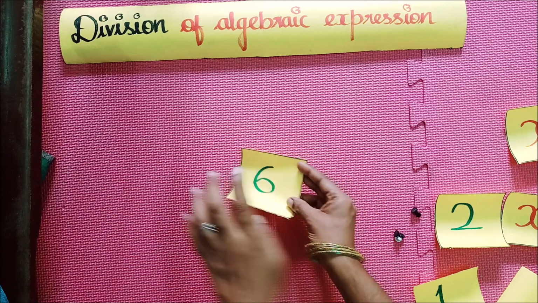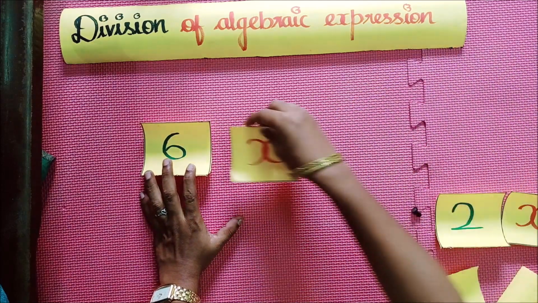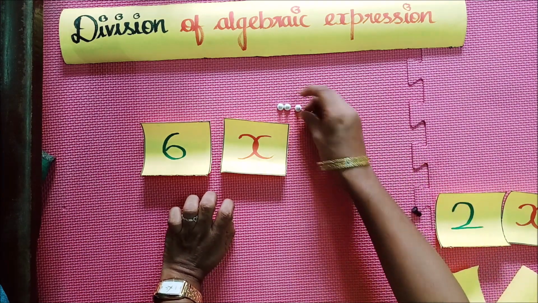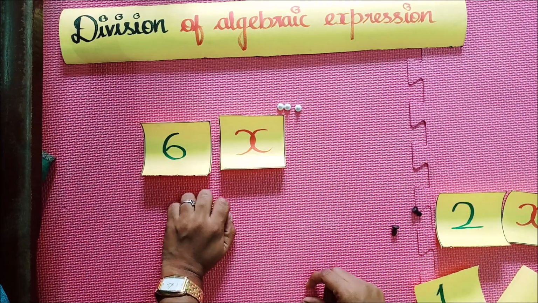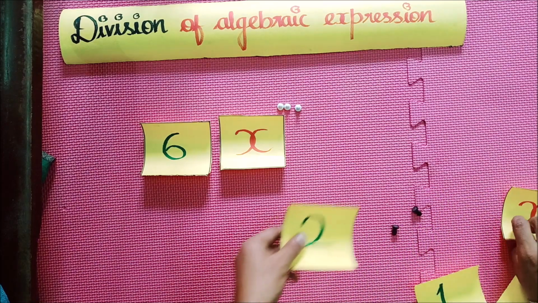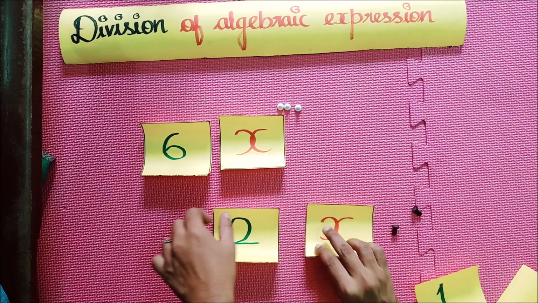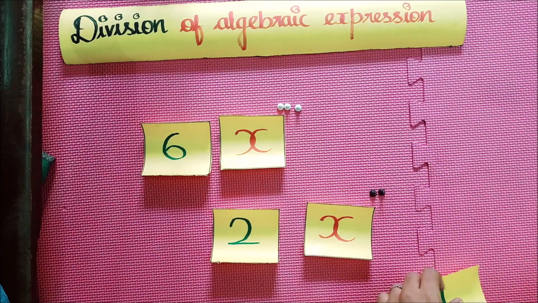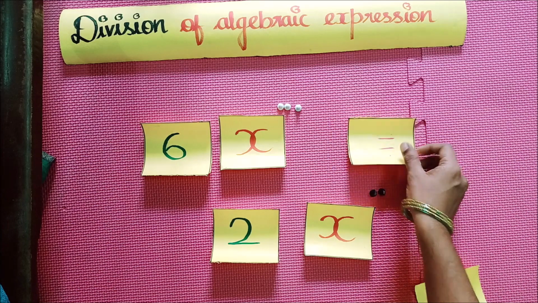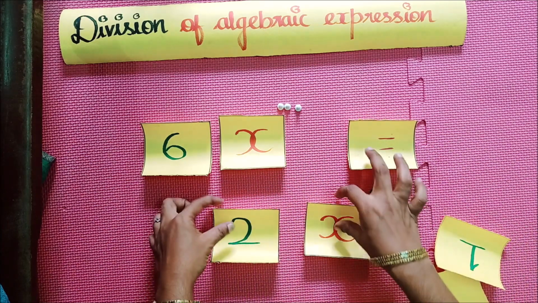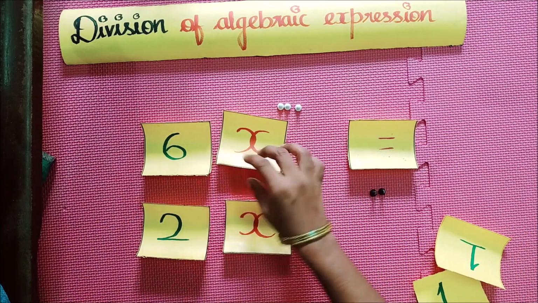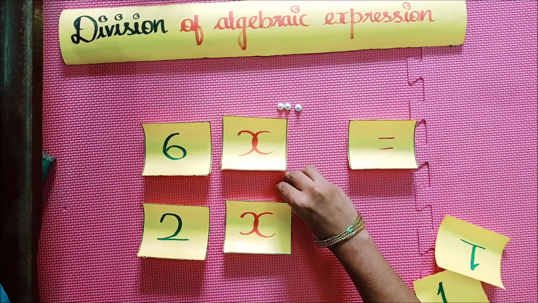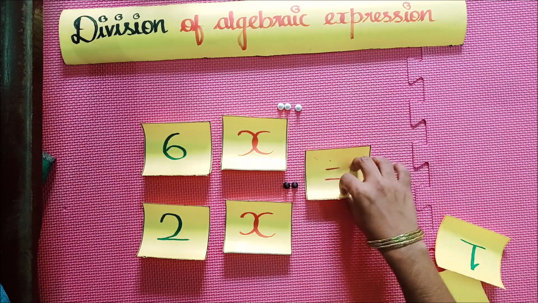Now I am taking one example: 6x power 3 divided by 2x power 2, which is equal to... Now I am going to divide these two terms, so listen carefully. 6x power 3 divided by 2x power 2. So what will be your answer?